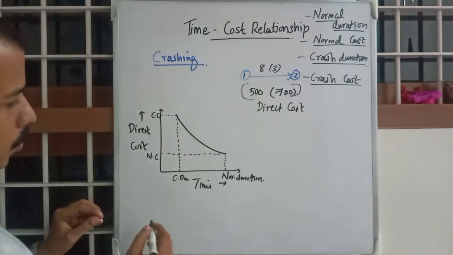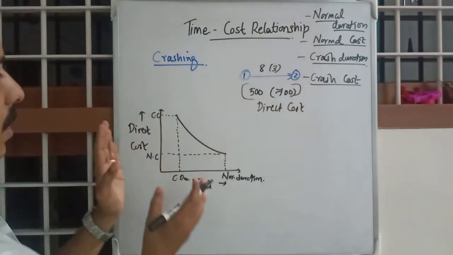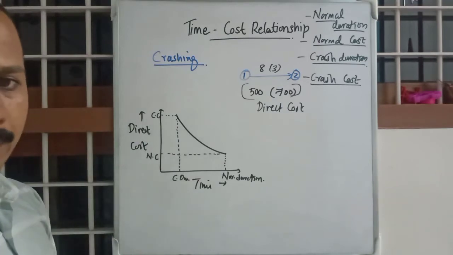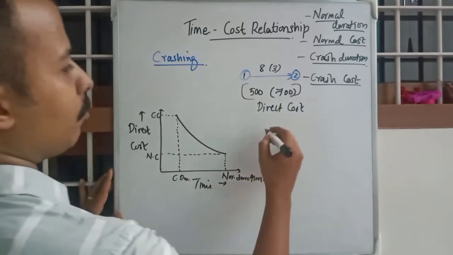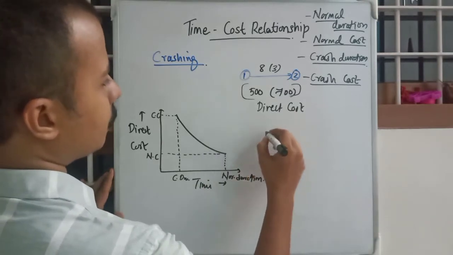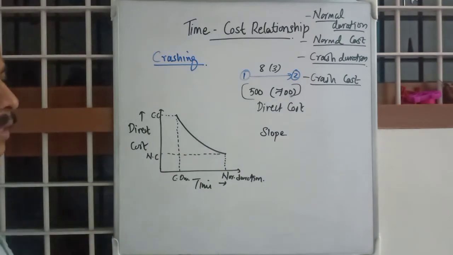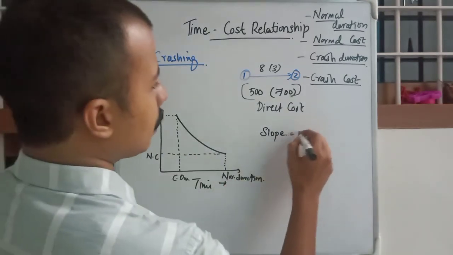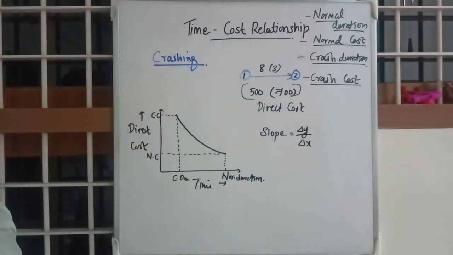Okay, so we have marked all these 4 parameters into a single diagram. And as we all know, what will be the slope of this curve? The slope of this curve will be delta y by delta x, obviously, mathematics.